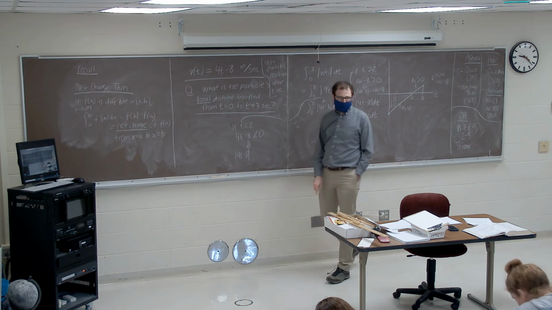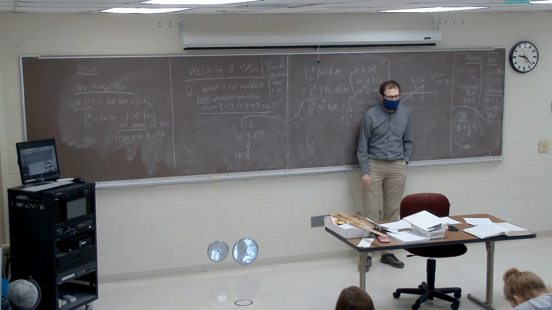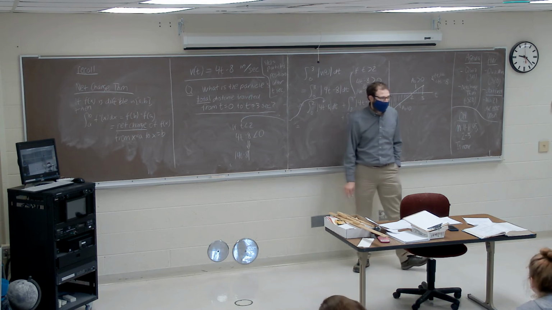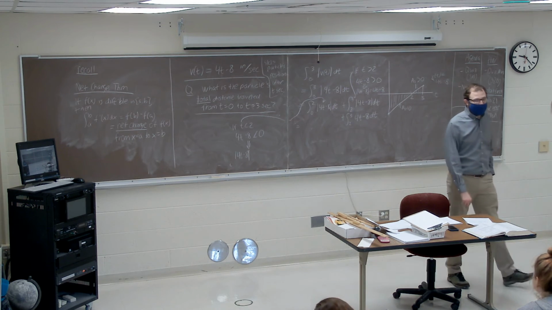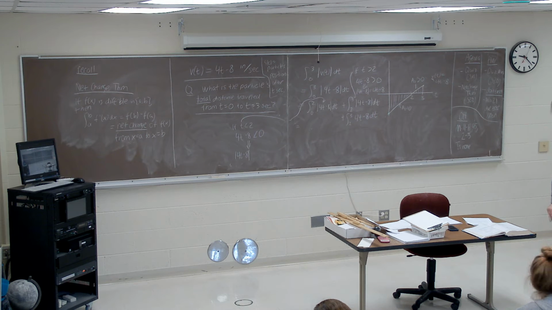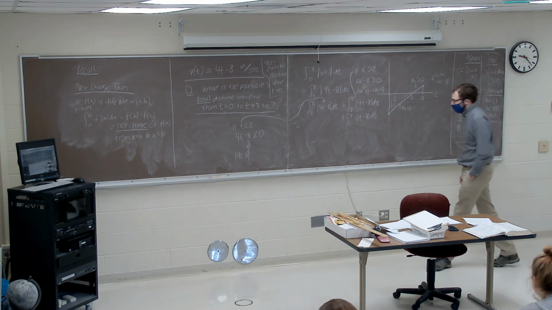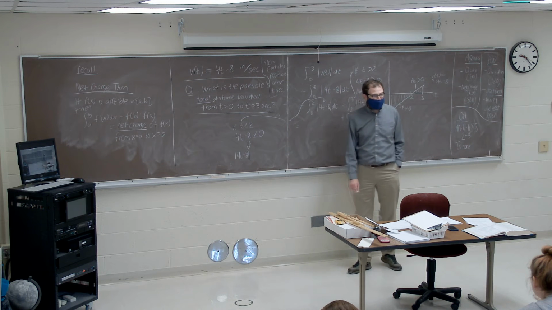What does that tell us about the absolute value of 4t minus 8? So let's see. Avery, what's the absolute value of negative 10? What's the absolute value of negative 5 trillion? 5 trillion. If 4t minus 8 is a negative number, what's the absolute value of 4t minus 8 going to be equal to?